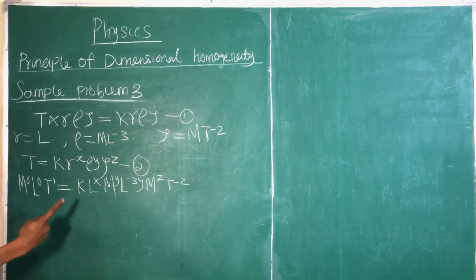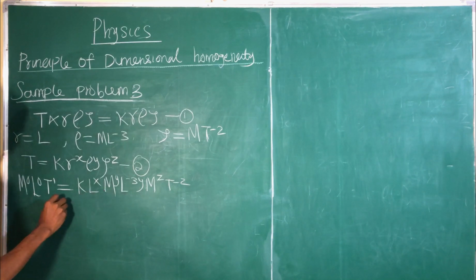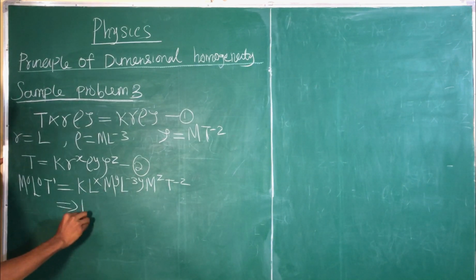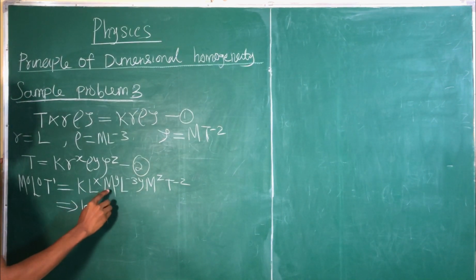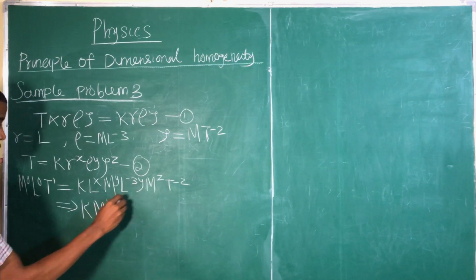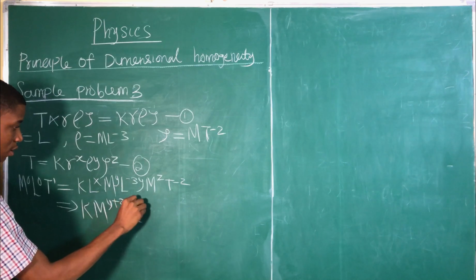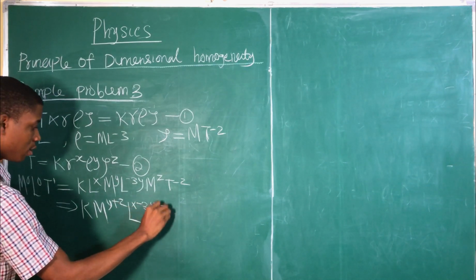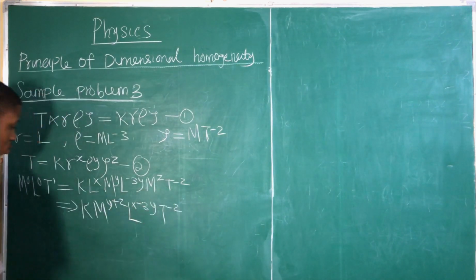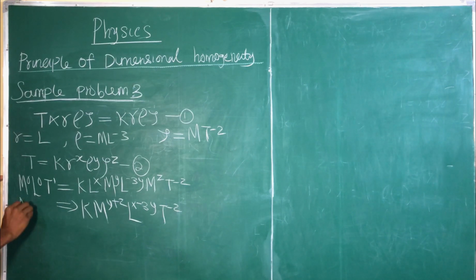Some of you should understand this by now. So now the next step is comparing. Let's take like terms first. So taking like terms, we have K, M to the Y plus Z, L to the X negative 3Y, T to the negative 2. So this is M0, L0, T1.